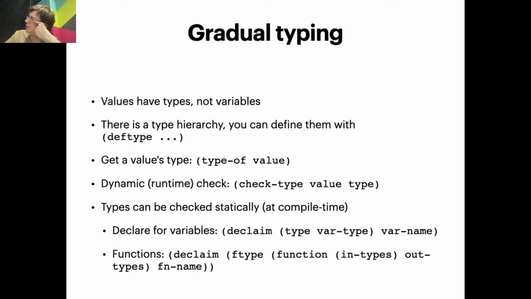To do that, we can declare types for variables as well. With this declaim form, we specify the type for our variable, and then the name of the variable we want to type. We can do the same thing for functions, specifying the types for its arguments and for its return values.